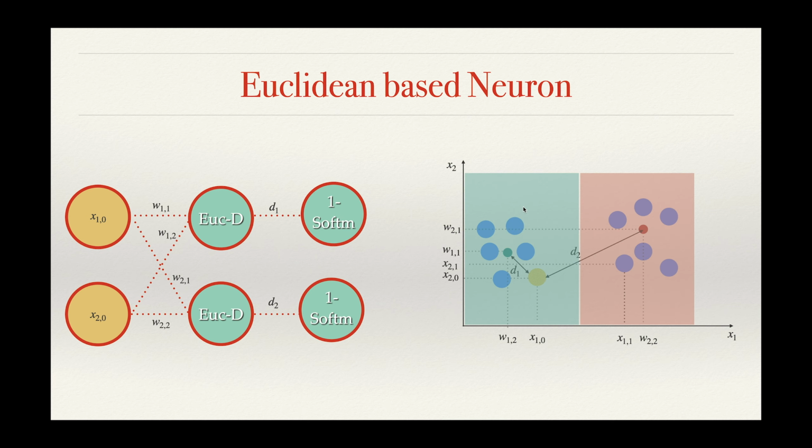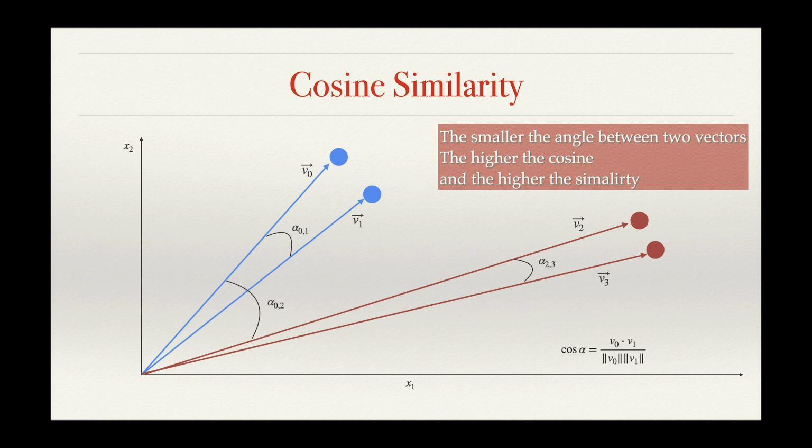For example, this group is group A and this group is group B, and this is our data. That represents our neural network.